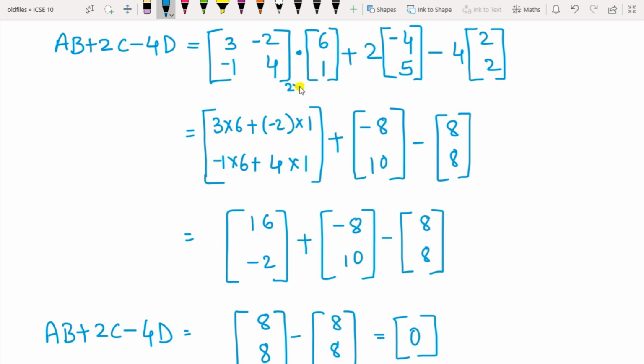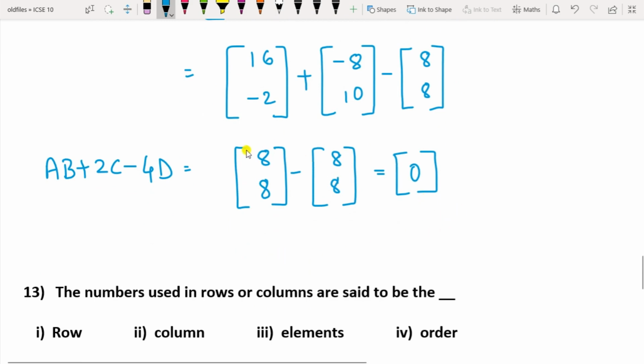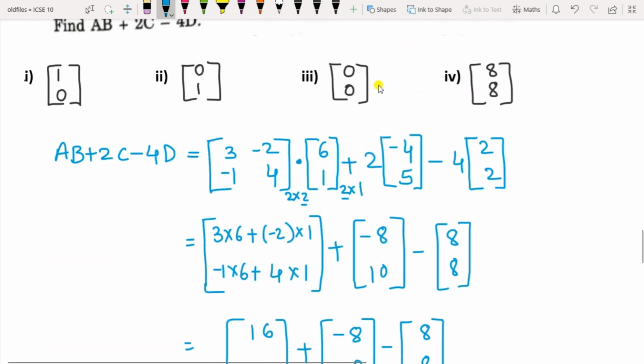Here the order is 2 by 2, and for this one the order is 2 rows and 1 column. So you can multiply these two matrices, and a matrix and a number can also be multiplied. When you solve this, you get 0, since this is a plus 8 matrix and this is a minus 8 matrix, so the result is 0. So 0, 0 is the correct option.